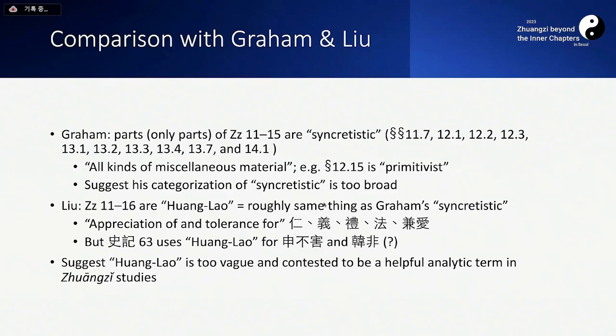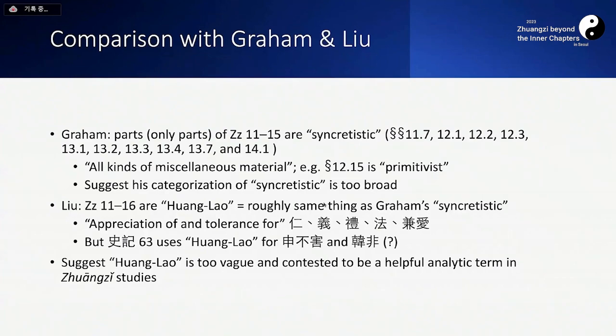Liu Xiaogan labels Piān 11 through 16 Huanglao. However, apparently what Liu means by Huanglao, if I understand him, is simply what Graham means by syncretic. Liu claims, falsely, as we will see, that all of these Piān collectively exhibit, I quote here, appreciation for and tolerance for values from various schools of thought, by which he would include benevolence, righteousness, ritual, and law, and the Mohist universal love, as he understands it.